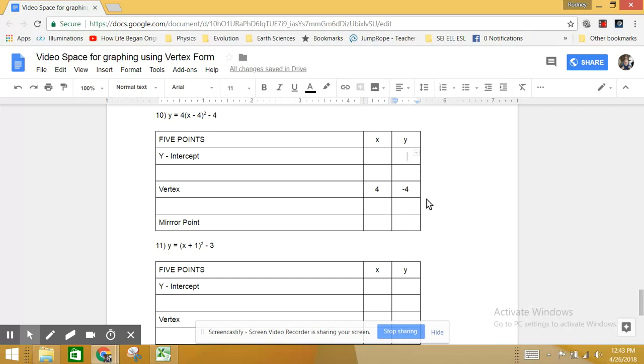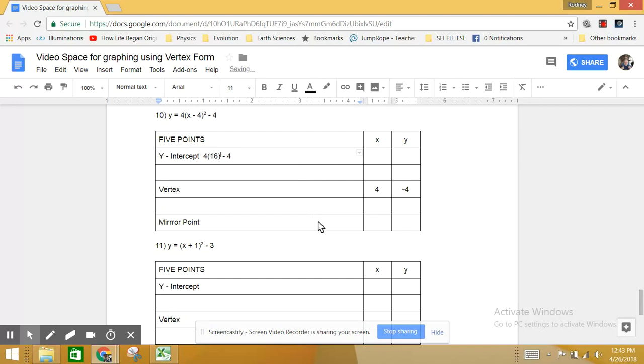Now our y-intercept we'll find by plugging in 0 for x. So I'm going to figure out what y is when x is 0. And we'll just go through here and replace x with 0 and solve that. So 0 minus 4 is negative 4. And once again, negative 4 squared is 16.